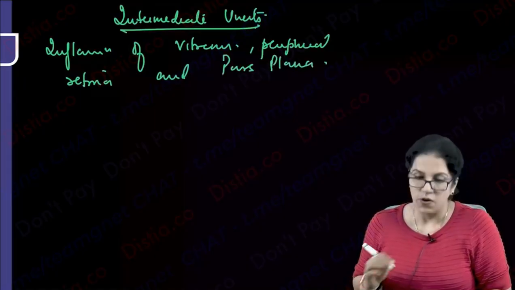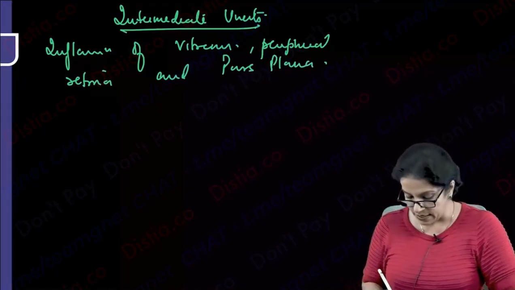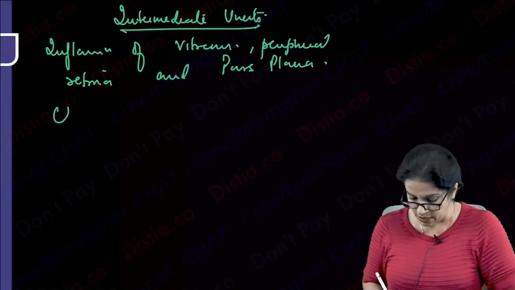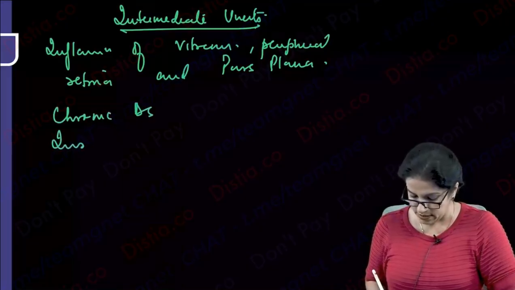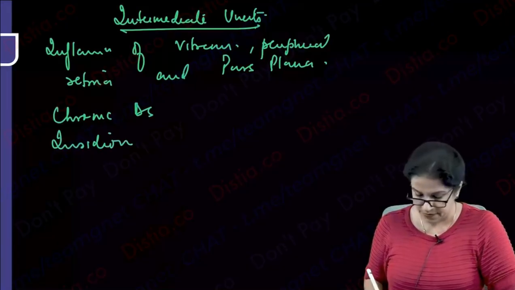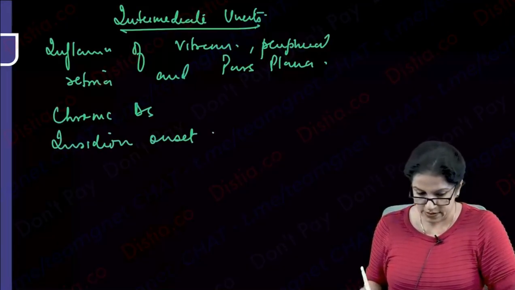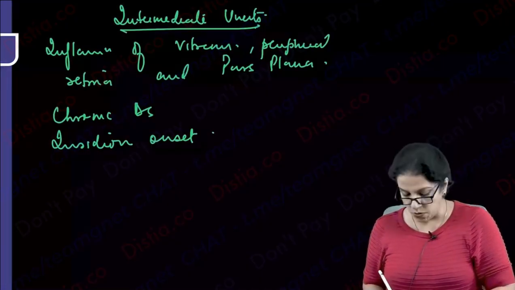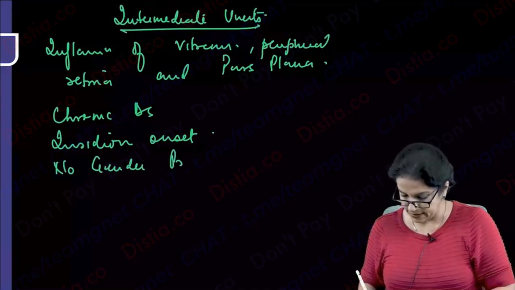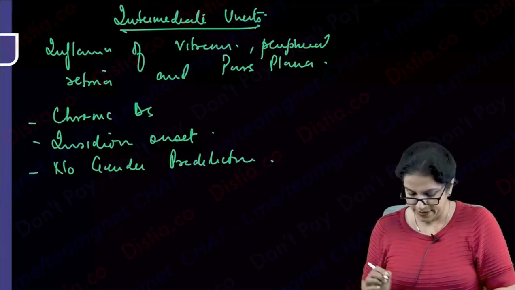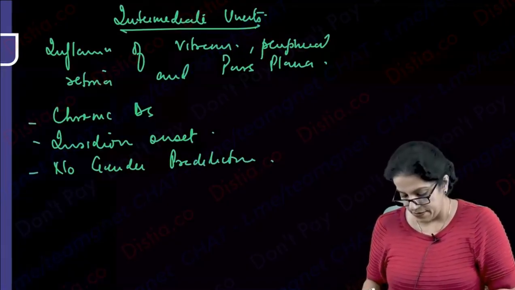Right? Okay. Then we talk about that it is generally a chronic disease which is insidious onset. Right? Third point, write down no gender predilection. Right? Okay.